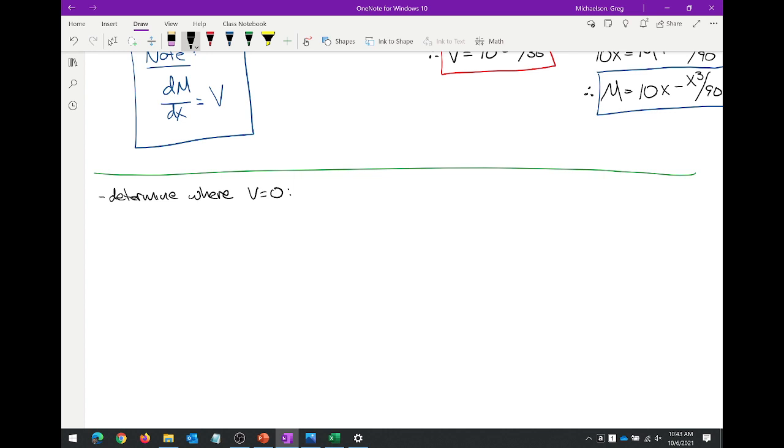So let's determine where shear equals 0. So this is my expression for shear. Let's set that equal to 0. And let's solve for x.